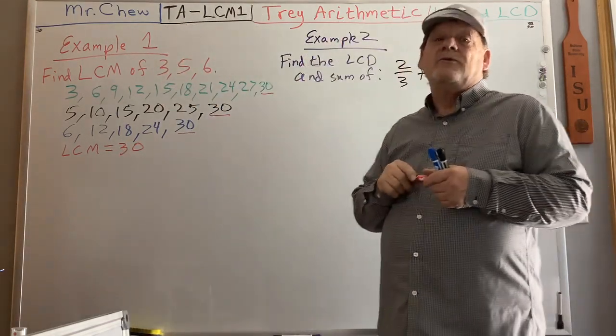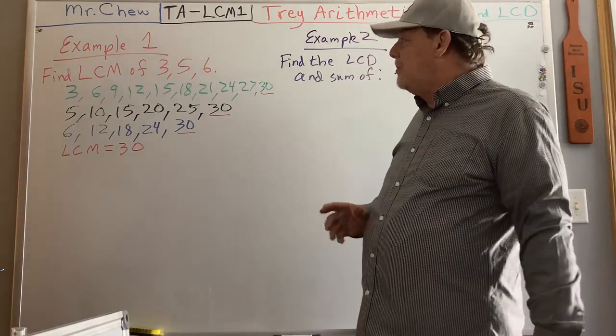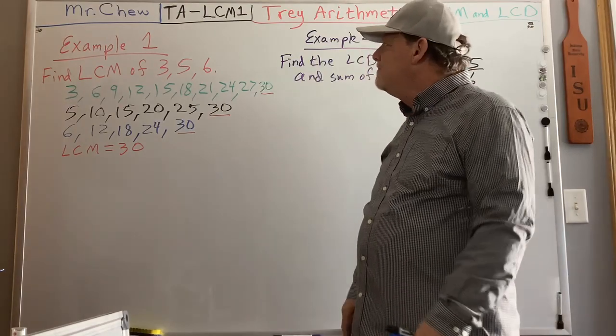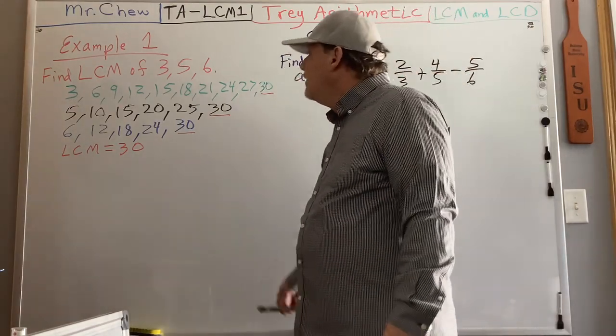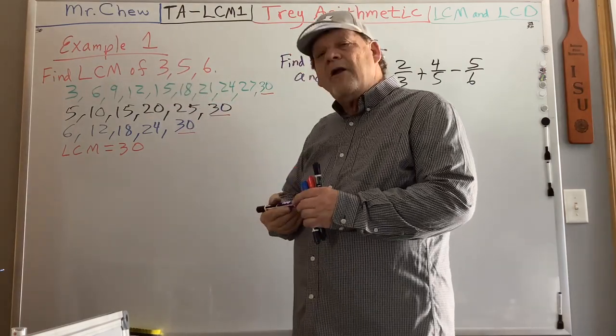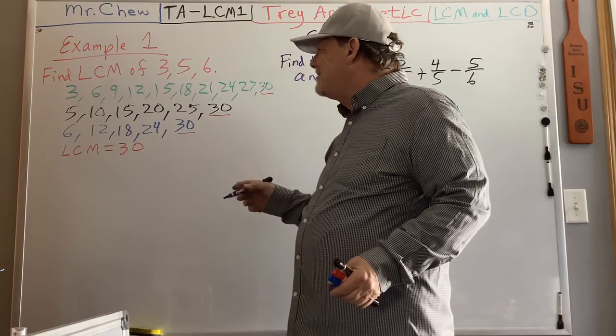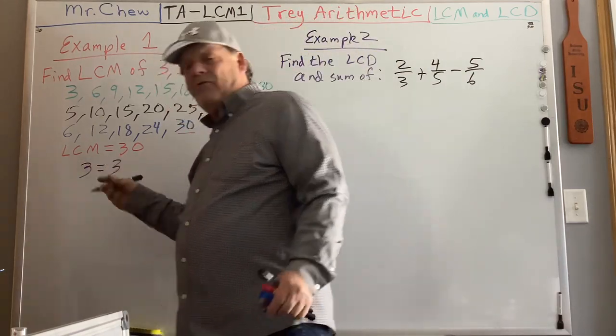All right, is there another way to do it? Yes. And it is a way that you really need in algebra, so I would always teach this in pre-algebra. So let's look at a second method. The second method is to take the 3, the 5, and the 6 and write all their prime factors. Well, this isn't that hard because 3 is just a 3. That's the only prime.